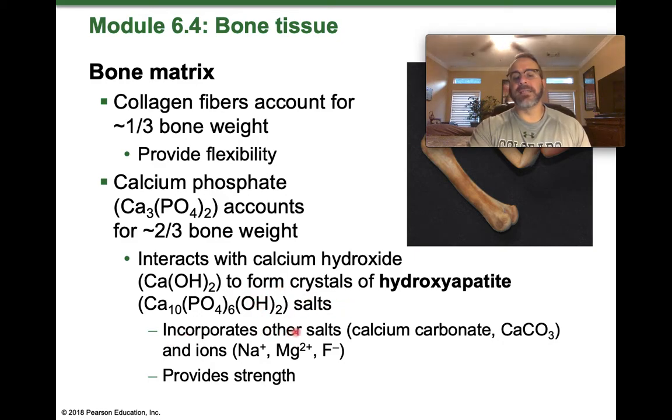This incorporates other salts that include calcium carbonate, which is CaCO3, and other ions such as sodium, magnesium, and fluoride. Remember, fluoride for healthy teeth. The whole point of all of these inorganic compounds is they provide all of the strength you think about when you think about the hardness of a bone.